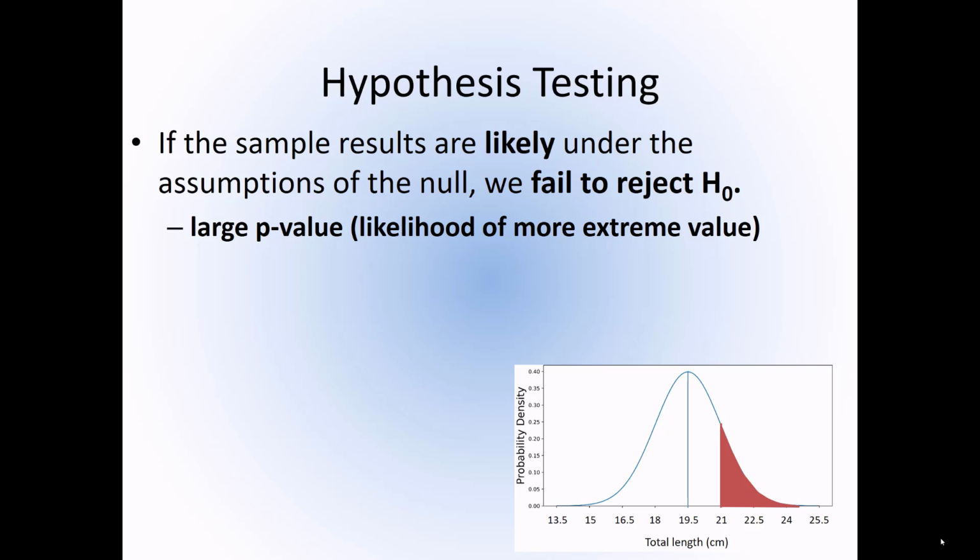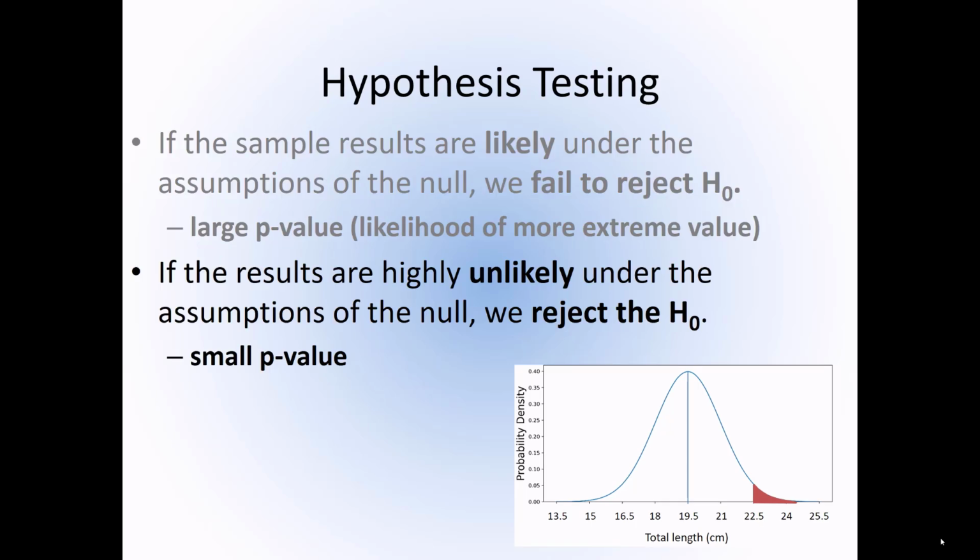And so we're going to fail to reject the null hypothesis. But as this p-value, as the area under the curve, decreases, we're going to gather more and more evidence against the null hypothesis. And so the smaller our p-value, the more likely we are to reject the null hypothesis.